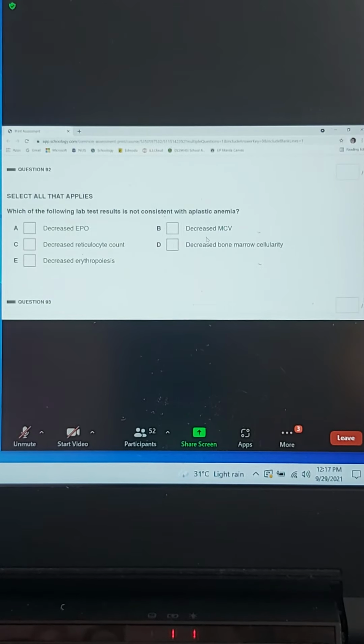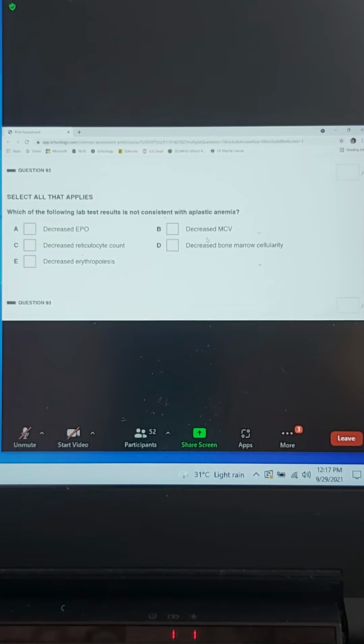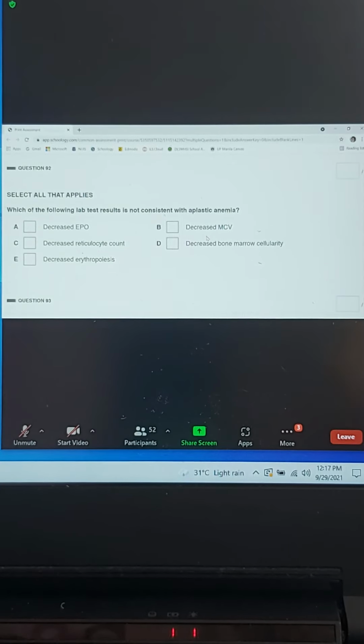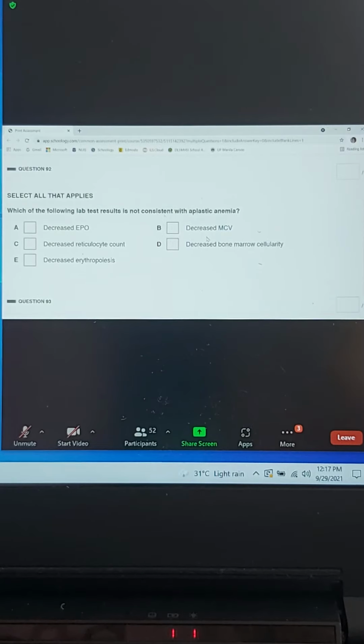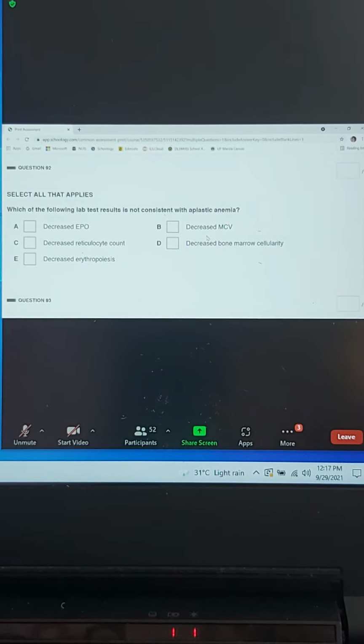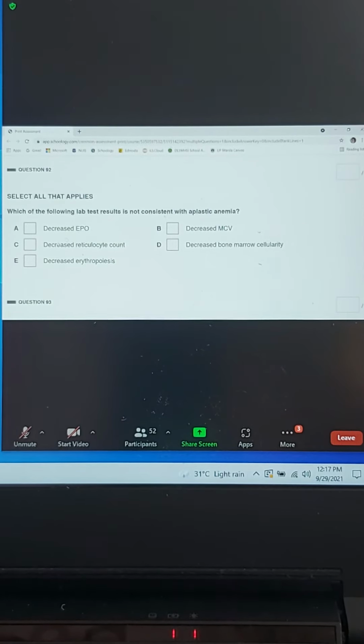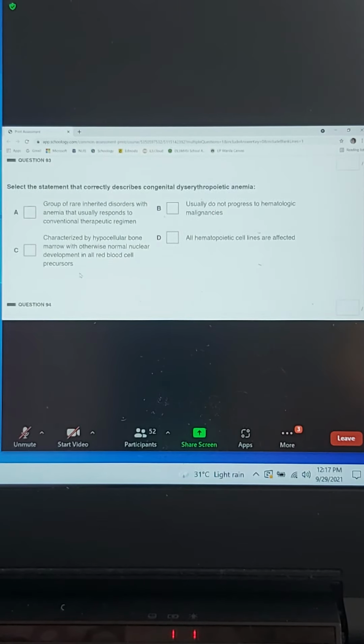How about letter A, decreased EPO? Is it consistent? Yes, since the kidneys are not working properly, it should be increased. Okay, 93.